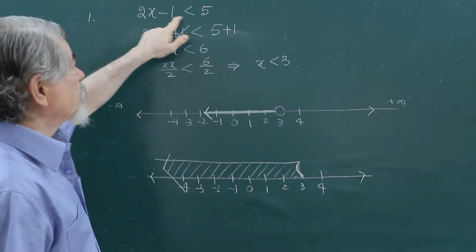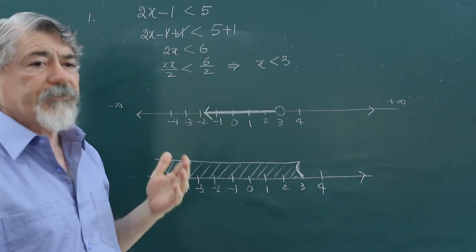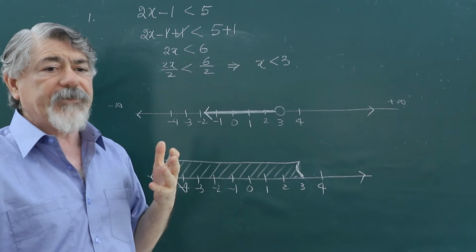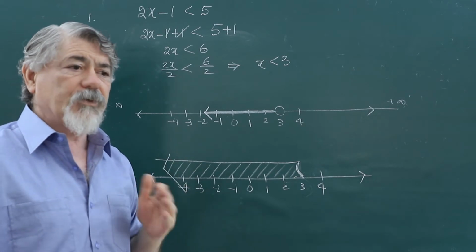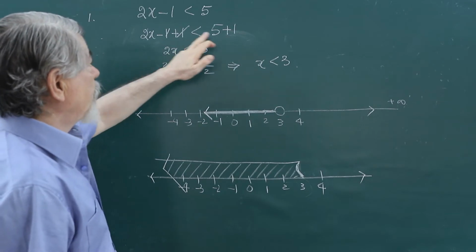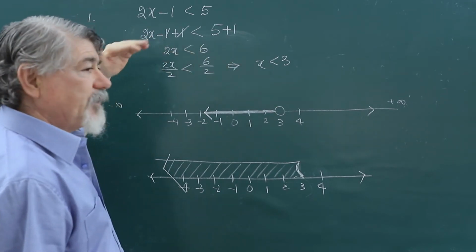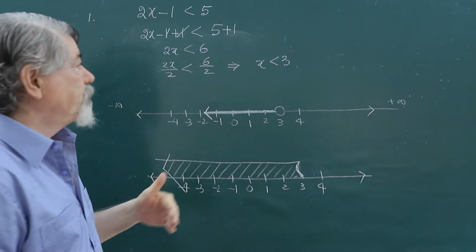Like 2x minus 1 is less than 5, what we did was add 1 to both sides, because the first law was that when we add the same number on both sides, the inequation does not change. So this will cancel. 2x will become less than 6. Then we divided both sides by positive 2.